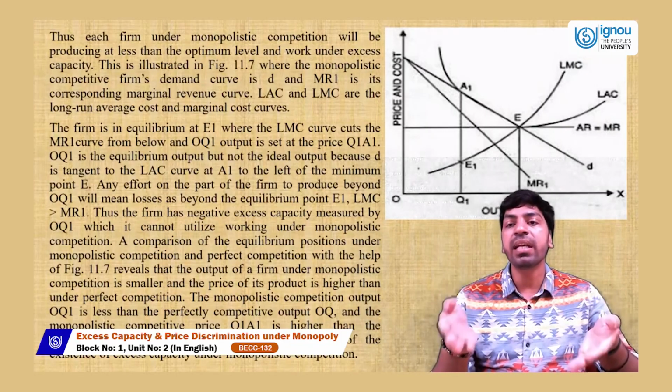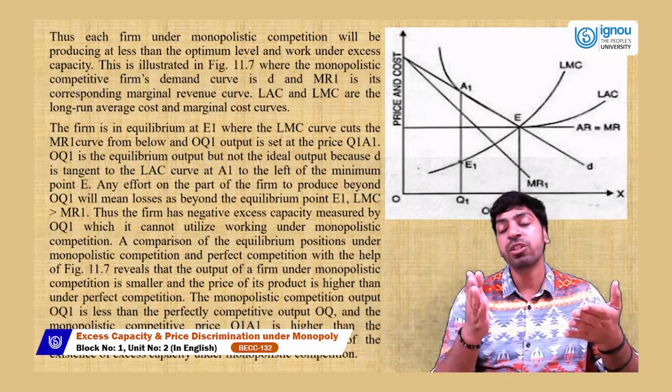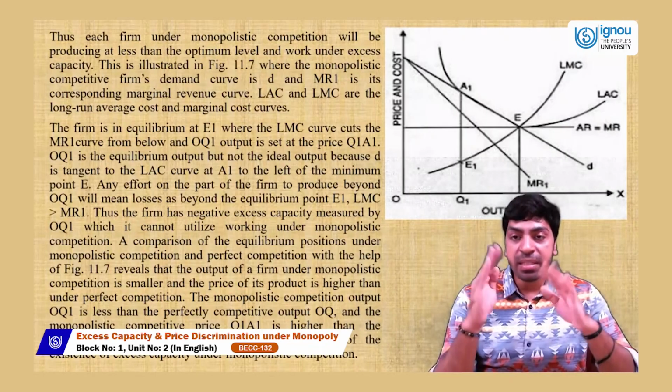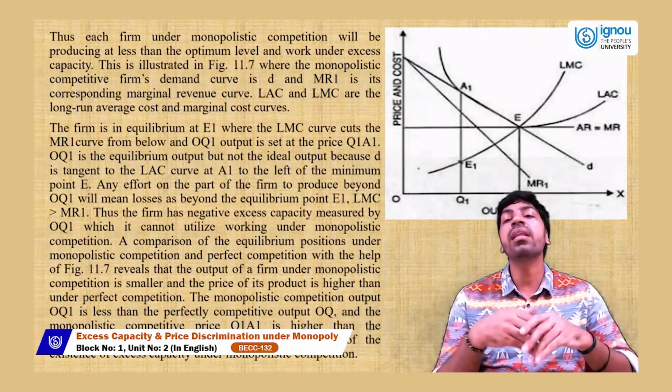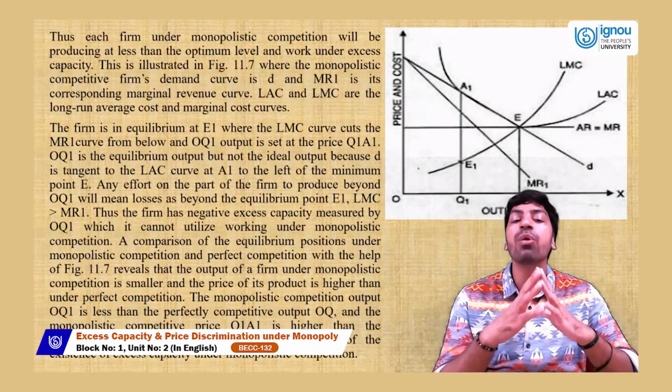So the change in quantity demanded or output and its price is more than the ideal equilibrium price, that is QE.